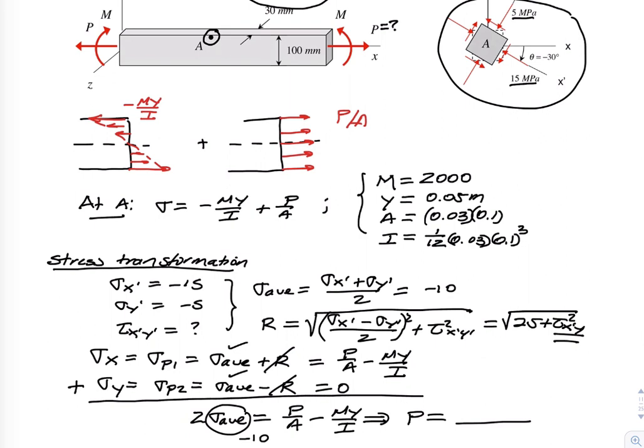On the right-hand side, our stress components when the element is rotated, we know 2 out of 3 of those. We combine all that information together with the stress transformation equations, Mohr's circle, and we're able to back calculate what that axial component of the load, P, is.